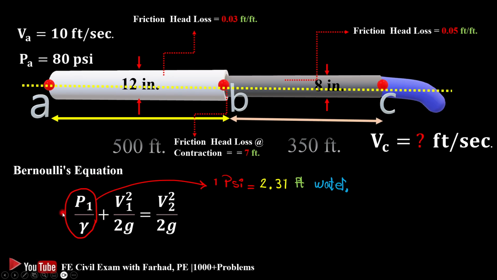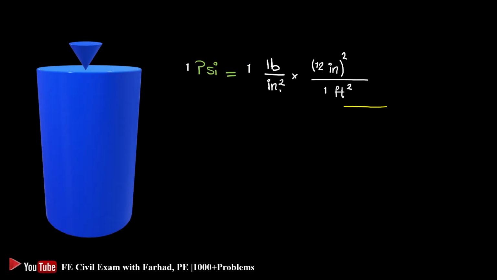So the first part is left with P1 over gamma plus V1 squared over 2g is equal to V2 squared over 2g. We do know from the conversion table that 1 pound per square inch is equal to 2.31 feet of water. And if you don't know that, we can derive it. Assume we have a column of water with a pressure of 1 psi.